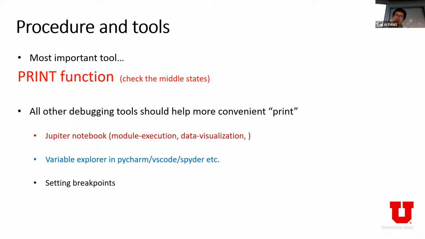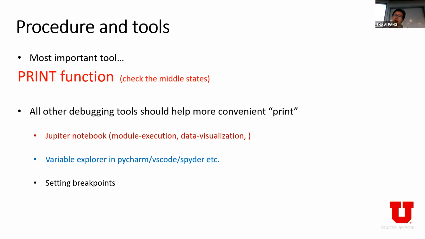The first, for the debugging procedure, the most important tool is the print function. If you're experienced with VS Code or something, you can set some breakpoints with some very complex debugging tools.